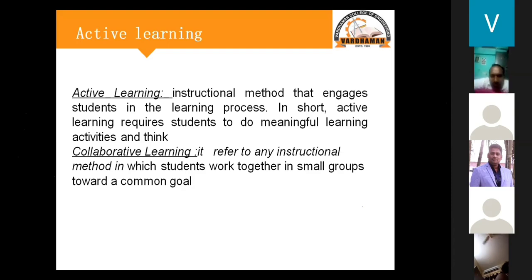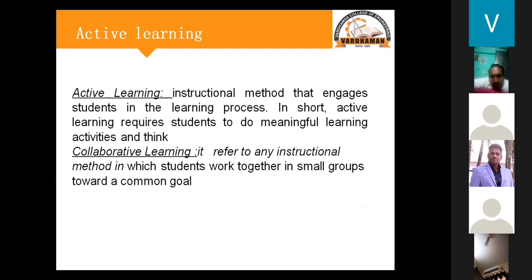There are various kinds of active learning activities which we can do within the classroom, which I will be speaking about in the upcoming webinars. These active learning techniques or strategies should be made a part of the session plan, a part of the lesson plan, where the audibility of the classroom improves and the learning of the student improves.